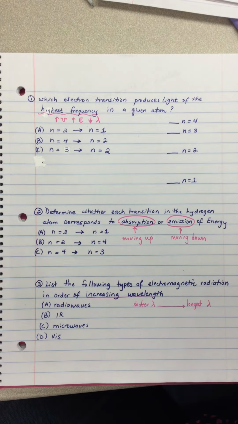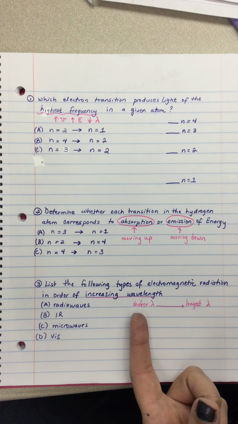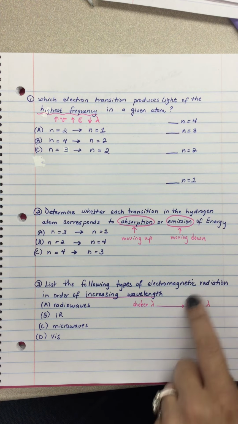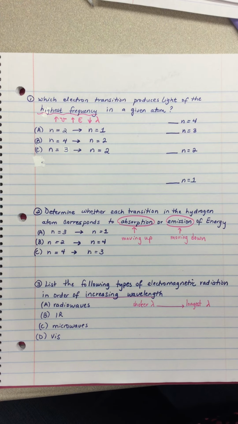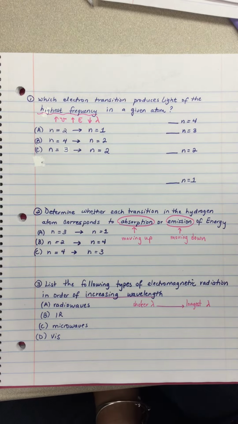So you have a small value for wavelength starting here, and the wavelength associated to that specific radiation should be increasing to get the longest one on the other side. You can also arrange specific electromagnetic radiation based on energy or frequency. You can try to arrange this in increasing energy or decreasing energy, increasing frequency or decreasing frequency.